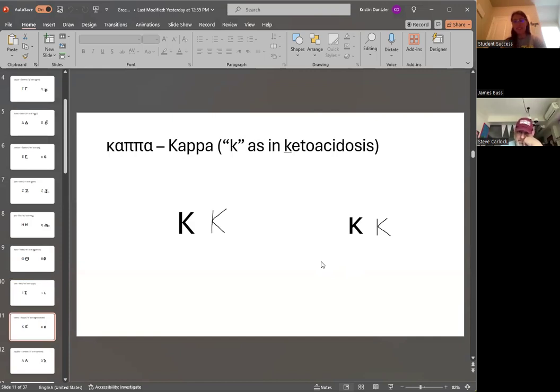Kappa is their K. Uppercase looks exactly like our K. And the lowercase is just a smaller version of that, except, whereas we would usually make this initial line taller, it's all even across.